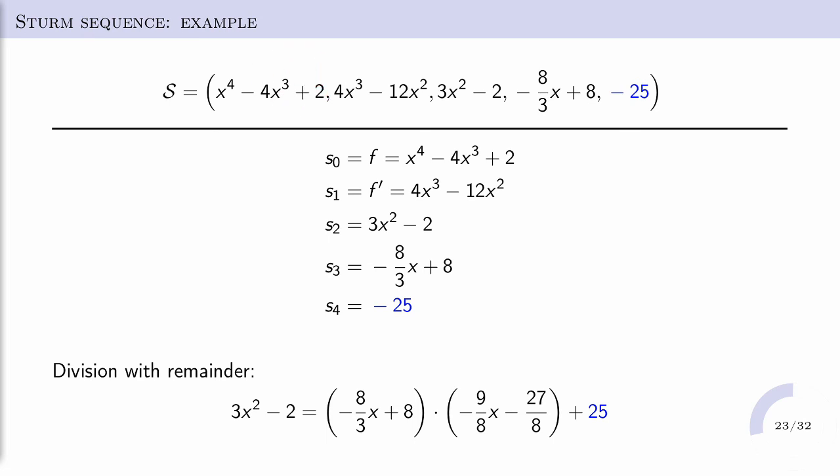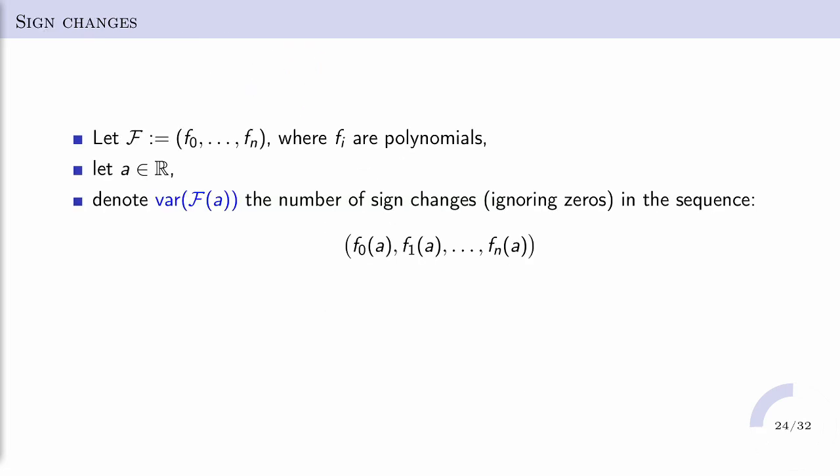Now, one more term that we need to introduce is the number of sign changes that we will denote var of a sequence. Assume that we have a sequence of polynomials.